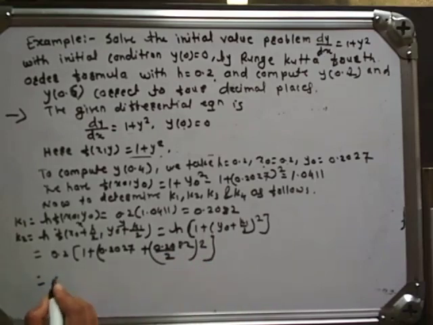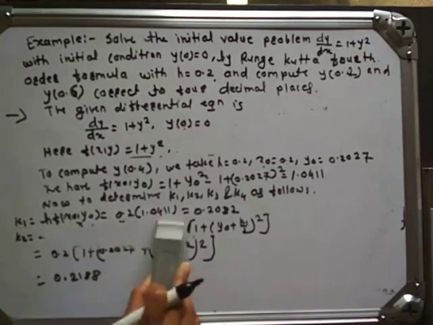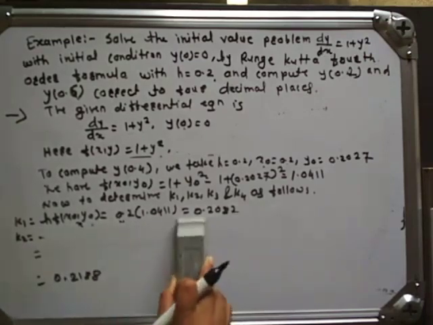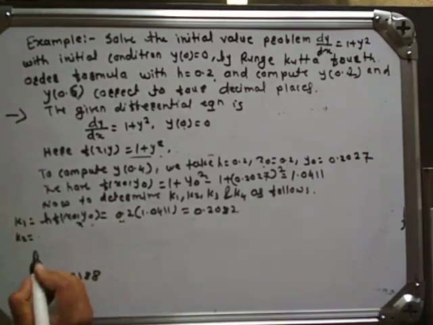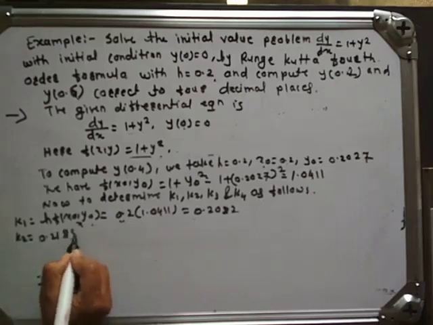Calculate this on the calculator, we will get the answer 0.2188. So K2 is here 0.2188.